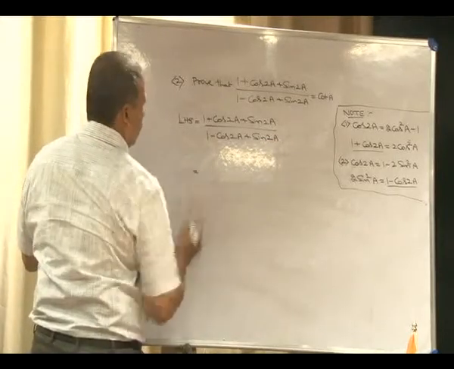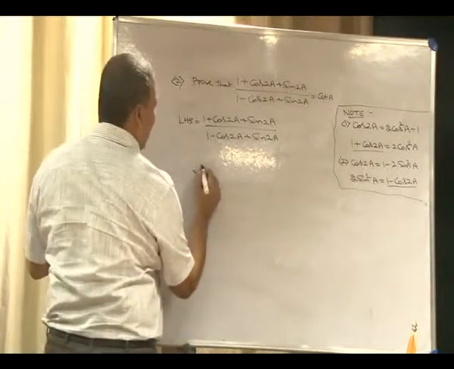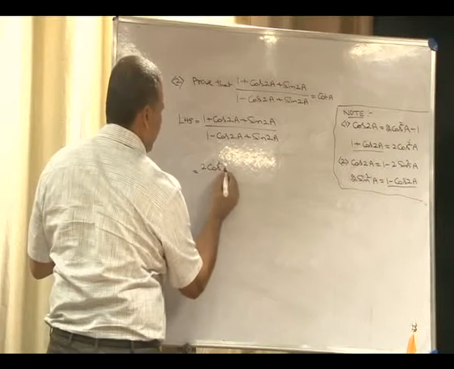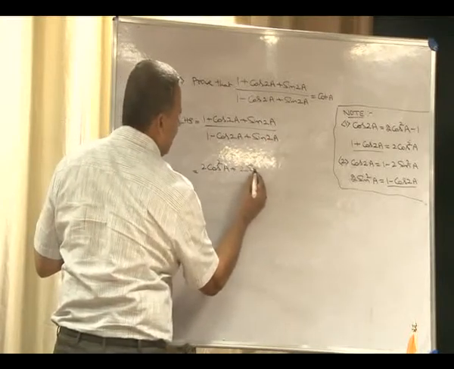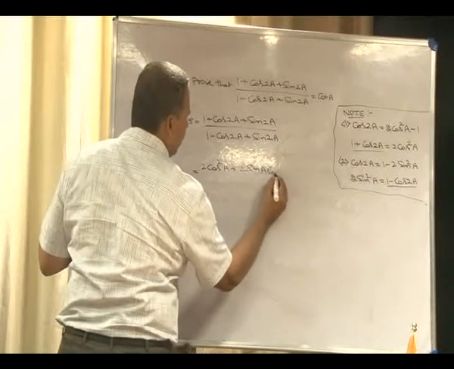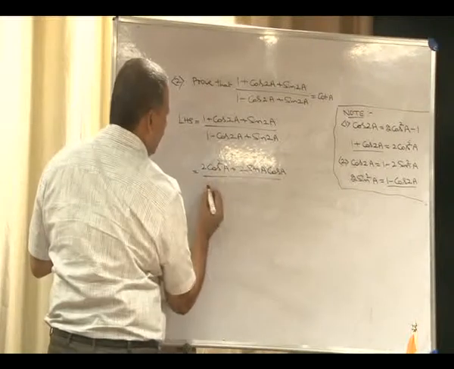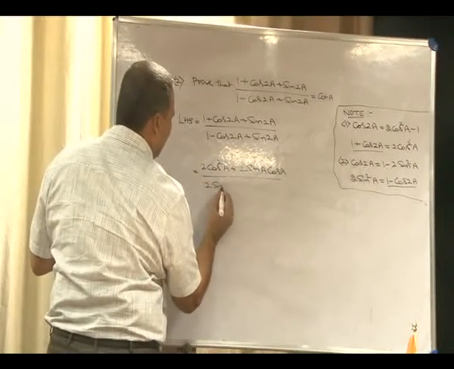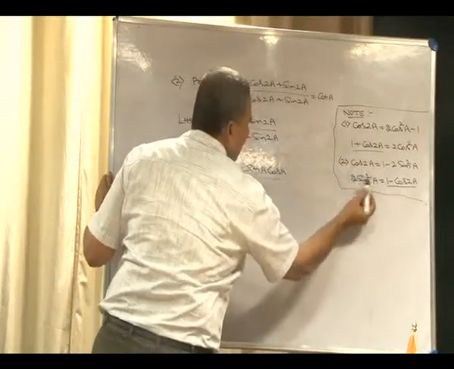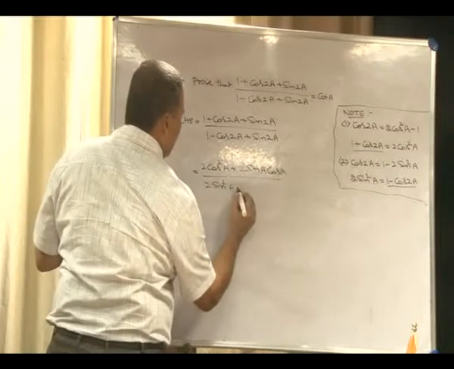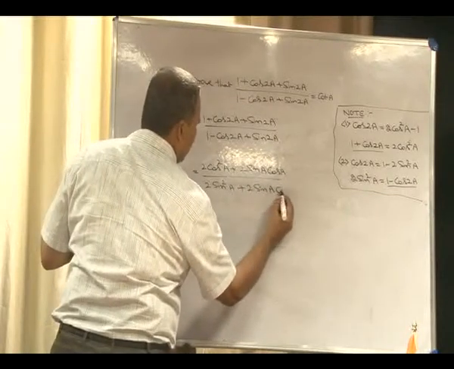That is equal to 1 plus cos 2a, which is 2 cos square a, plus sin 2a, which is 2 sin a cos a, by 1 minus cos 2a, which is 2 sin square a, plus sin 2a, which is 2 sin a cos a.